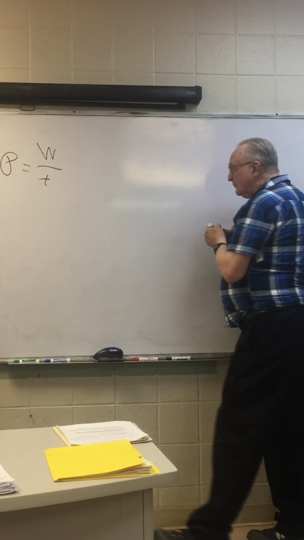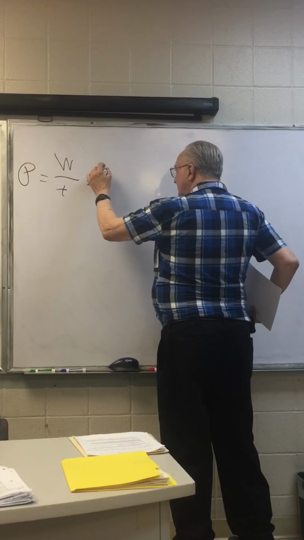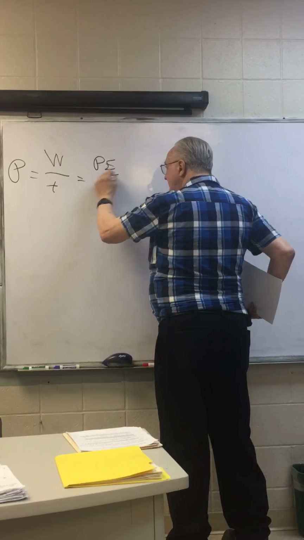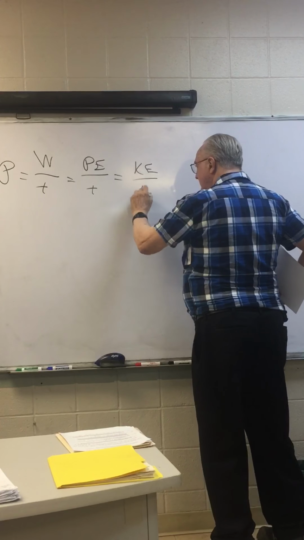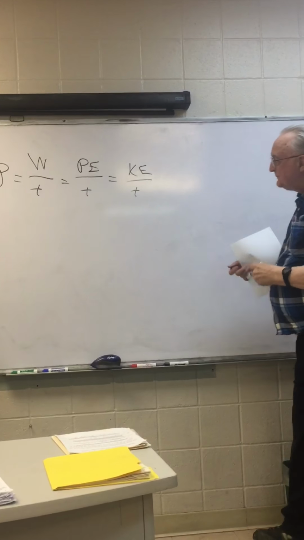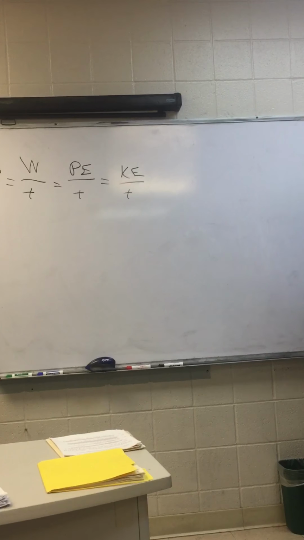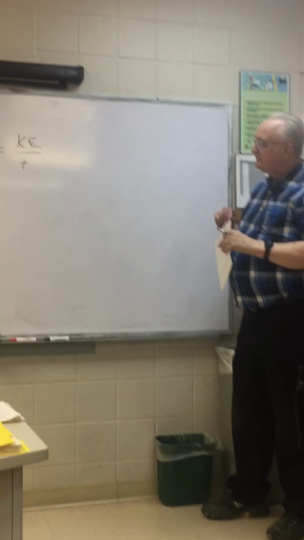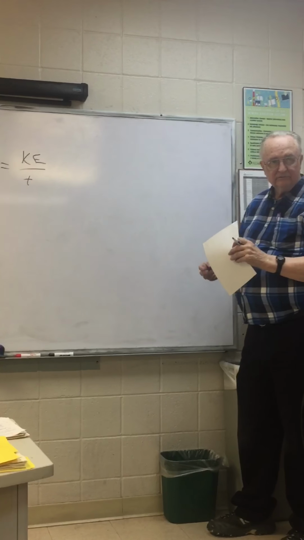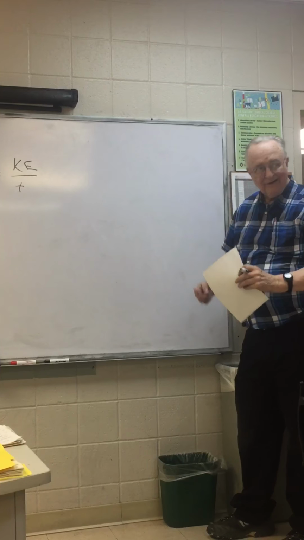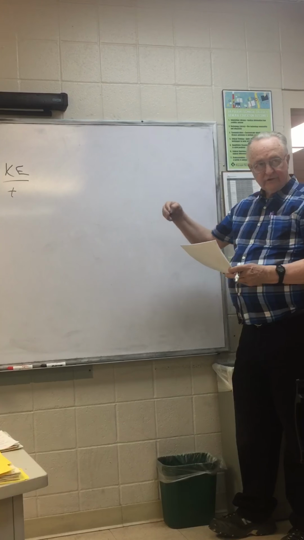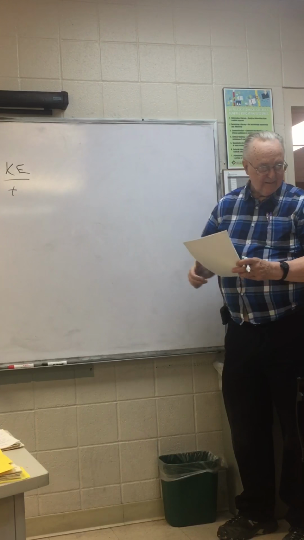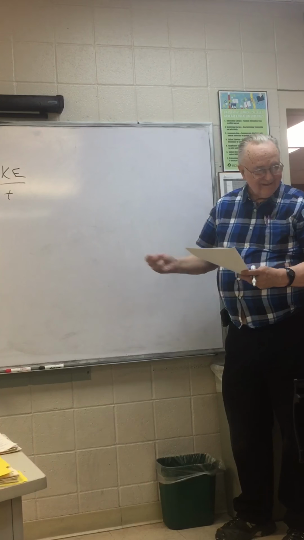Of course, this can be potential energy or kinetic energy. It doesn't just have to be work. The rate at which you change potential energy is power. The rate at which you produce kinetic energy is power. The rate you do something means dividing by time. That's the rate of anything.